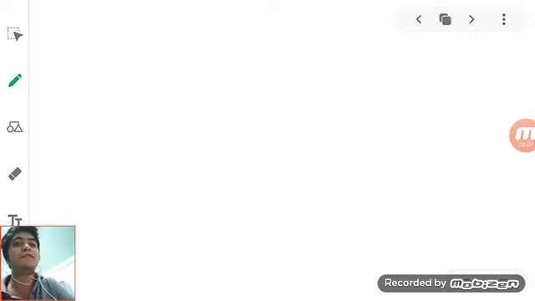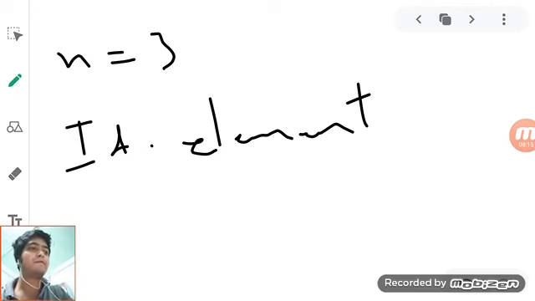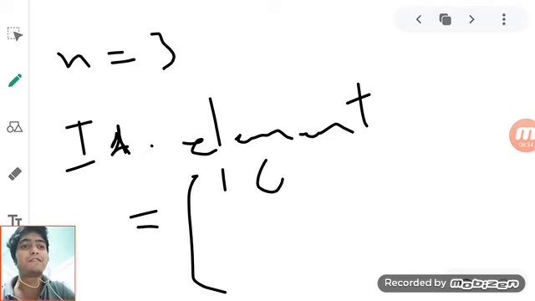Similarly, if n equals 3, the identity element will be a 3 by 3 square matrix: 1 0 0, 0 1 0 and 0 0 1.